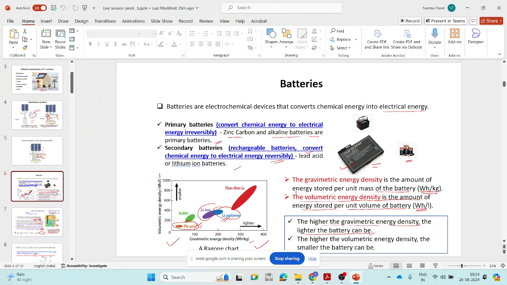Okay, so the higher this value, the less volume will be required, so more compact batteries. So a Ragone chart is a very famous chart for batteries, where these two main parameters are on the x and y axis, and you can see how different types of batteries perform in terms of volumetric energy density and gravimetric energy density.